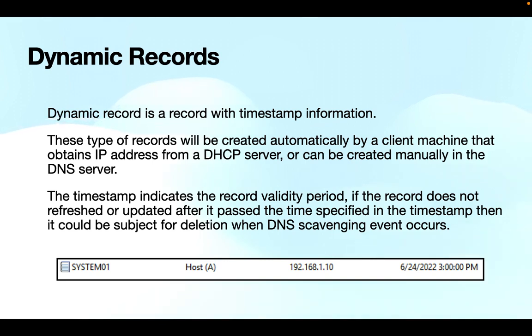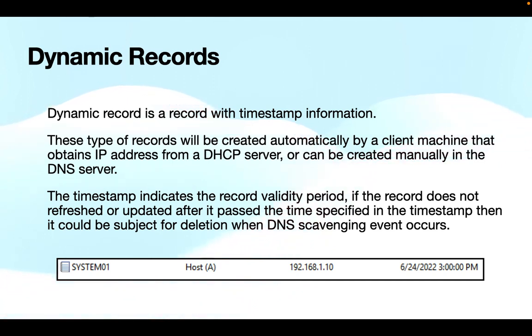When a DNS scavenging event occurs. Scavenging means records which have not been updated for 7, 5, 14 or 10 days, we can specify the days. After that timestamp or 7 days, that record will get scavenged automatically.